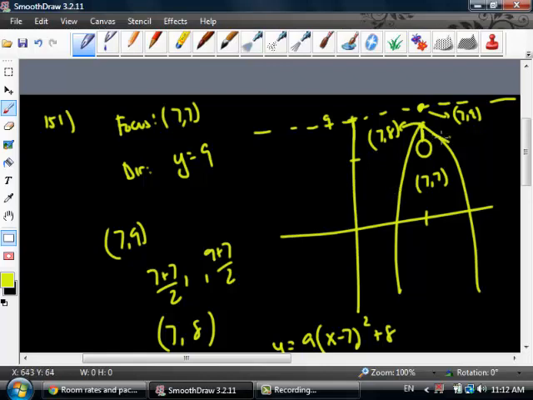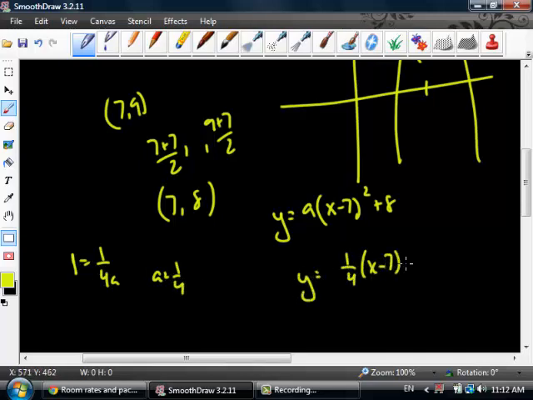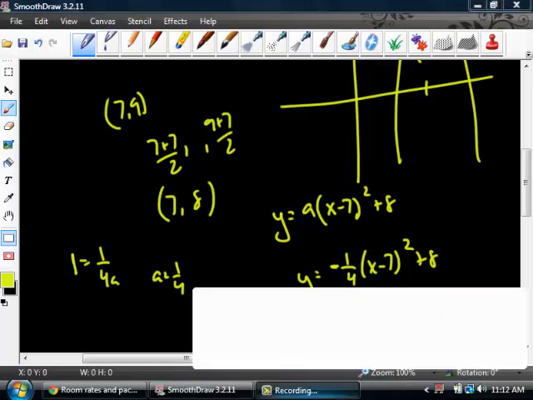And what letter is used to represent that distance, Soph? C. So that means that 1 equals 1 over 4a, a equals 1/4, so it's going to be y equals 1/4, x minus 7 squared plus 8, and don't forget that 1/4 is negative because this is a downward facing parabola.